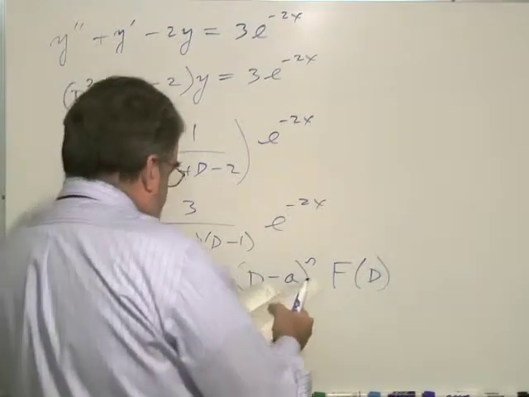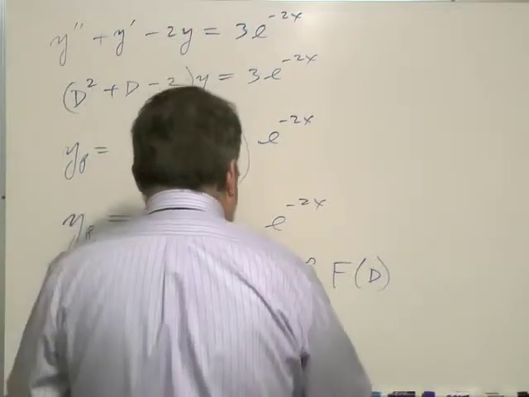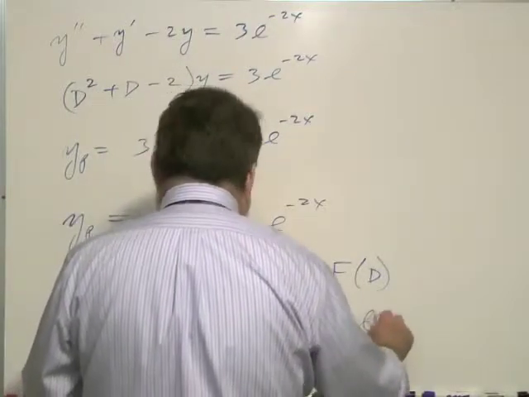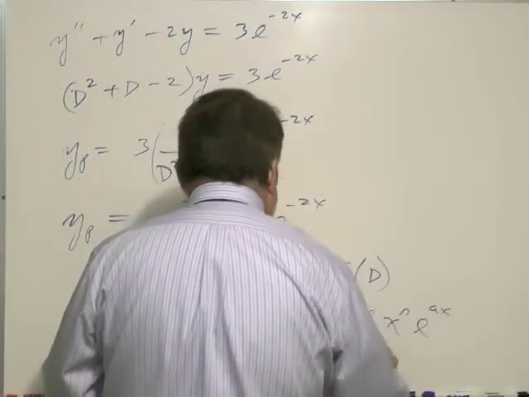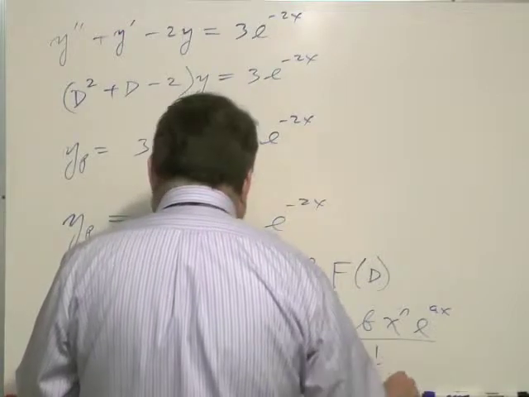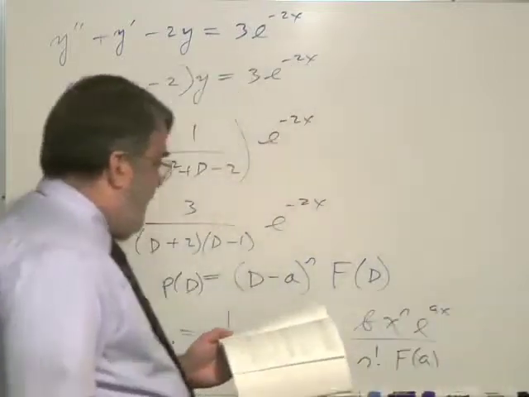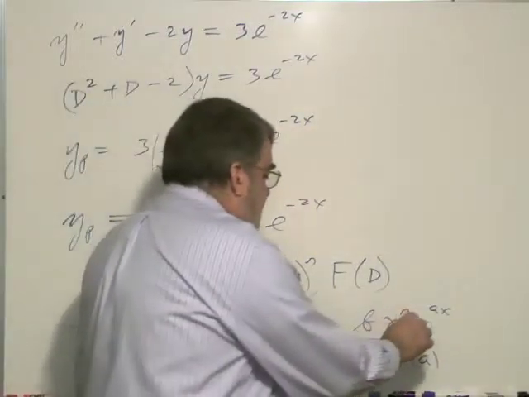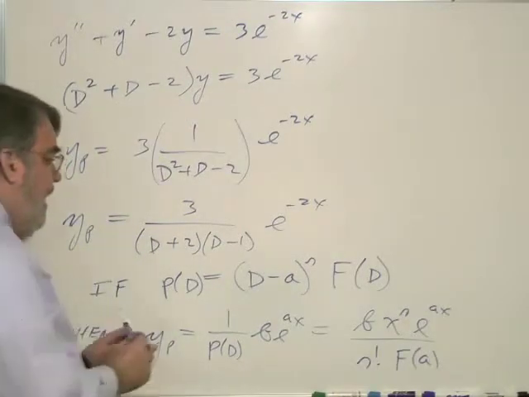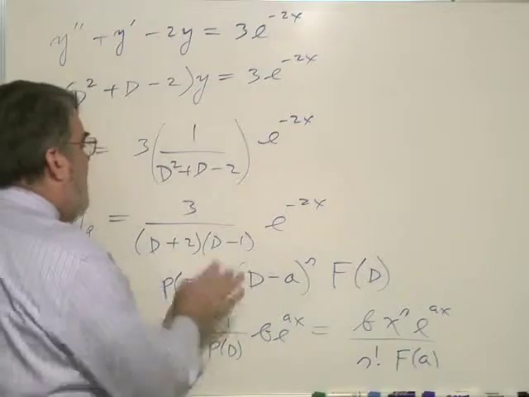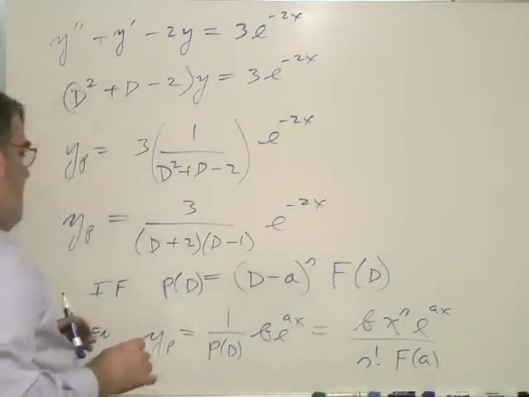And then the theorem says that this is equal to b x to the r power e to the ax over r factorial times capital F of a. So that's a nice little theorem there. And again, in this problem, f of d would be d minus 1.